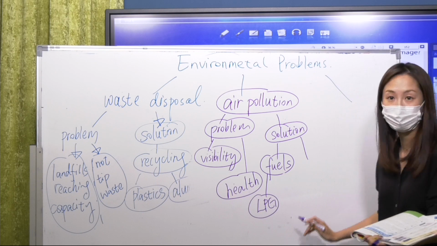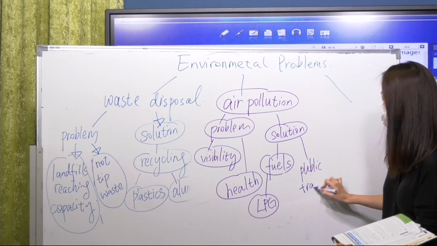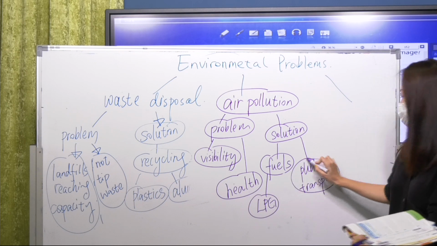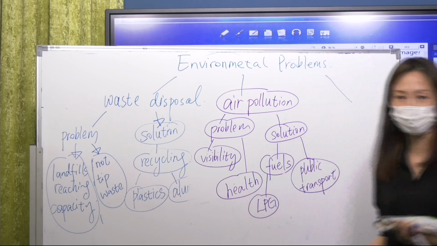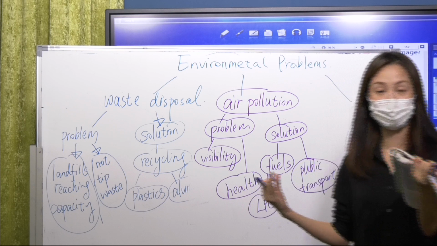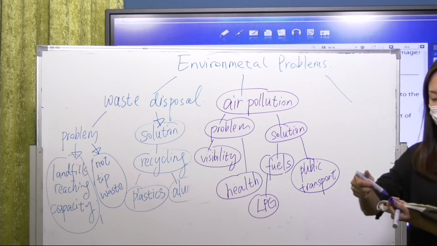So we don't drive, but use public transport. 公共交通啊 Okay, public transport. So such as cycling or walking rather than using cars, okay? So this is for the air pollution.